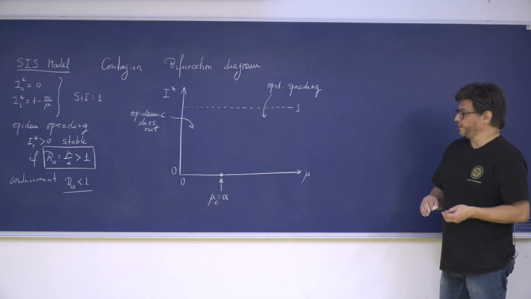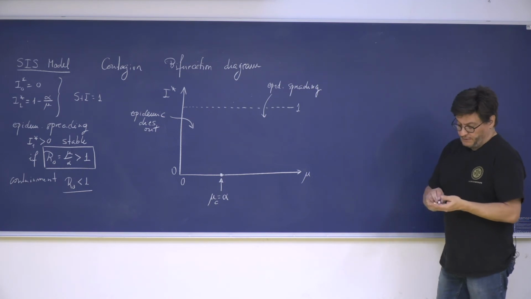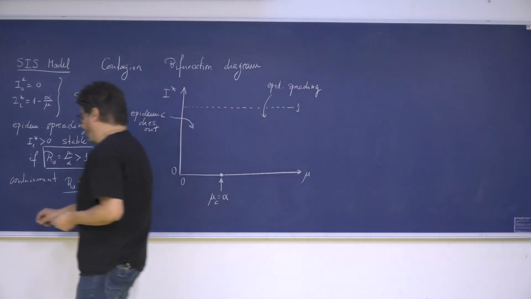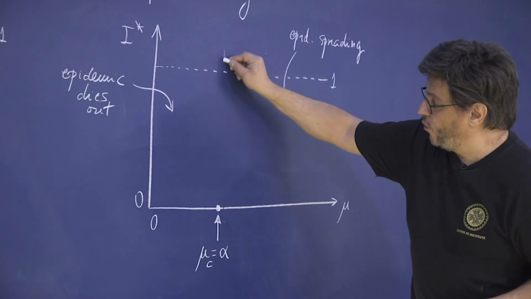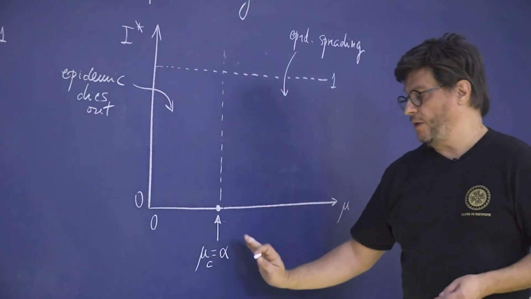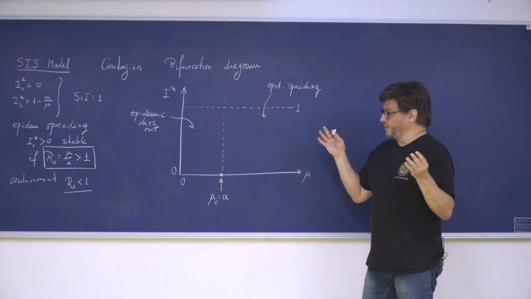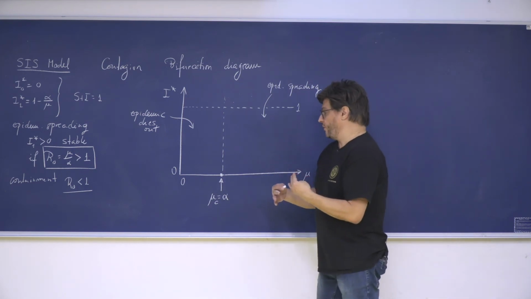All right, so how can I put all other things here? Well, see, in this part here, what's going to happen if I'm below this threshold? Well, what I'm going to see is that because I'm unable to counterbalance the recovery of individuals, right?